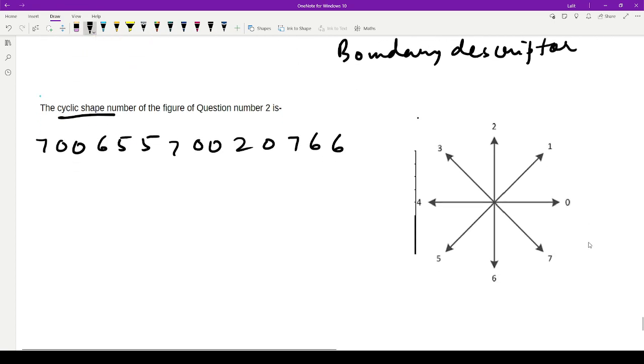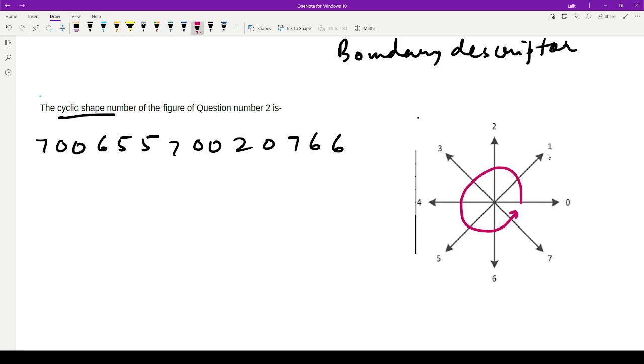So we have to check the difference, but difference in what sense? Difference in the number of directions that you cross. So in what direction? In the anti-clockwise direction. So we go in an anti-clockwise direction and check for differences.